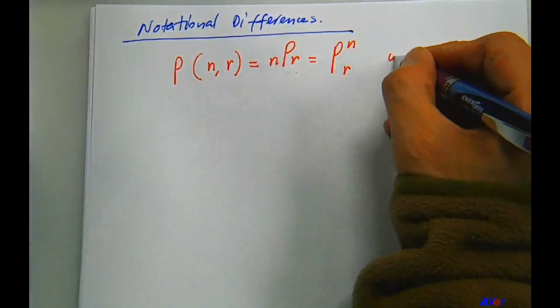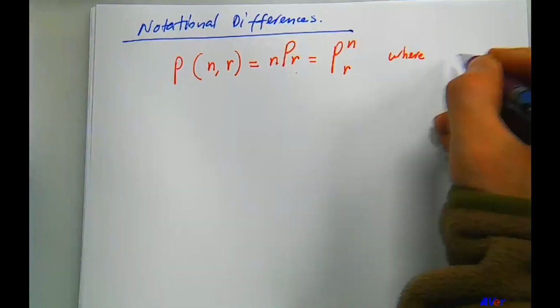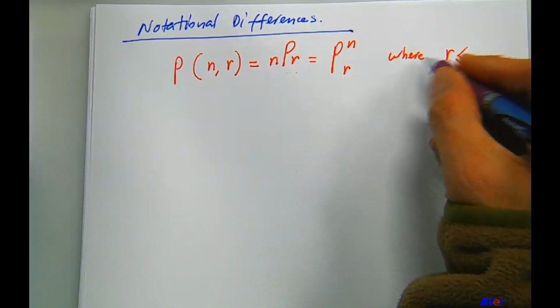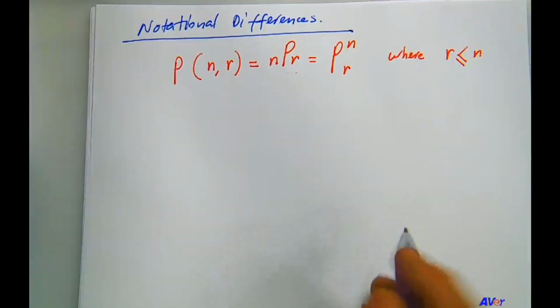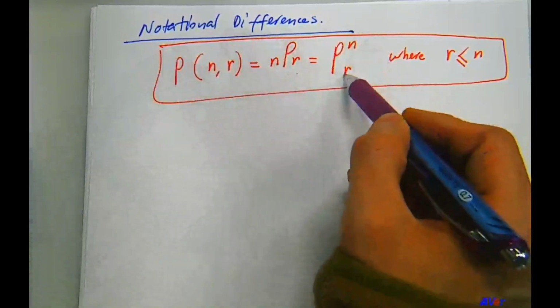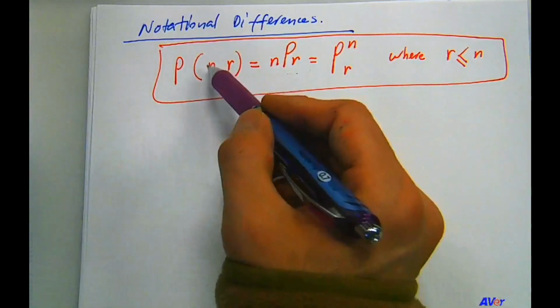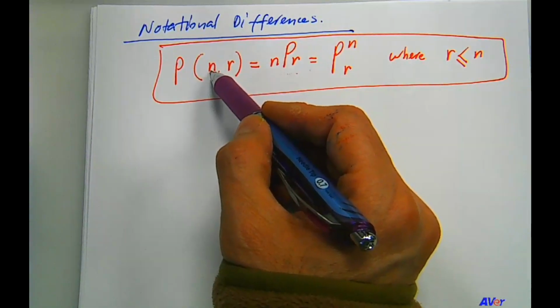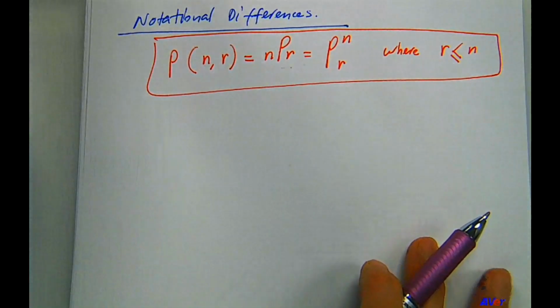And where, let me quickly add, this lowercase r is always either equal to or less than the lowercase n. So whatever this number is, it is always less than or equal to the number that ends up in this position. Okay, so let's give an example of this.